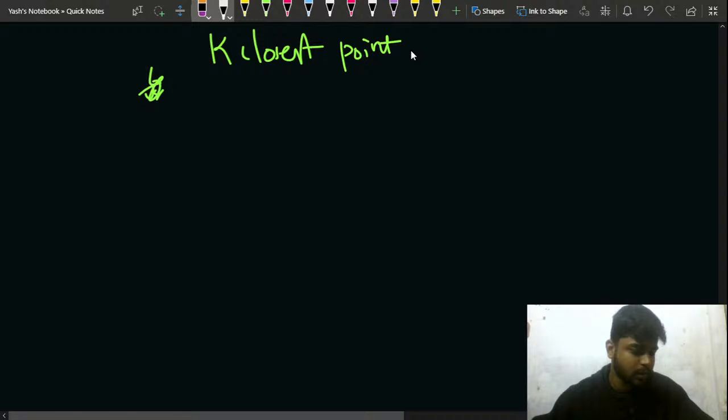Talking about this problem, that is K Closest Point to the Origin. Hi Suman, Shiva Sarkar, some background noise. Is it still there? The background noise is still there.